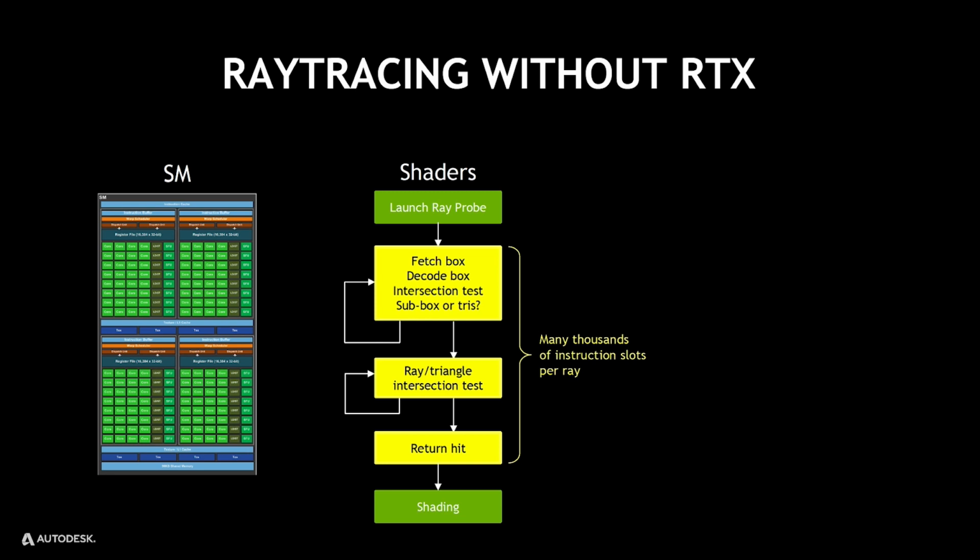Prior to RTX, we developed kernels and algorithms that would try to do this as efficiently as possible on those shader cores. The challenge with that is that the shader cores then couldn't do shading while that process was happening. We were actually pretty good at it, and we could have continued doing that, but we felt we needed to take a bigger step.